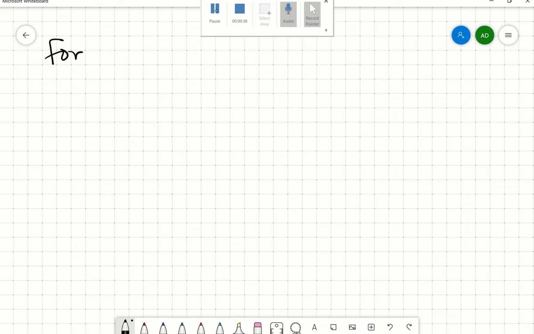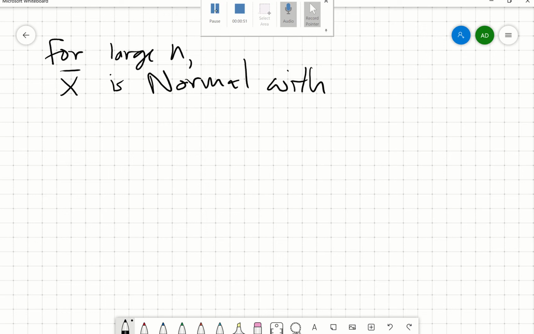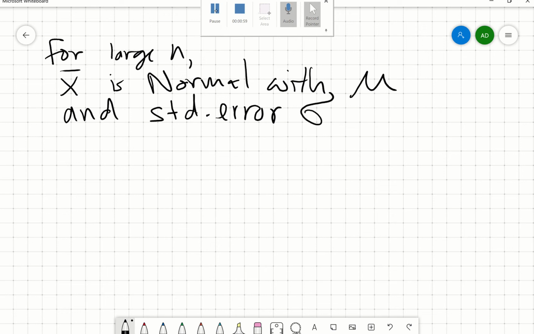So for large sample size, x bar is normal with the population mean mu and standard error sigma over square root of n.